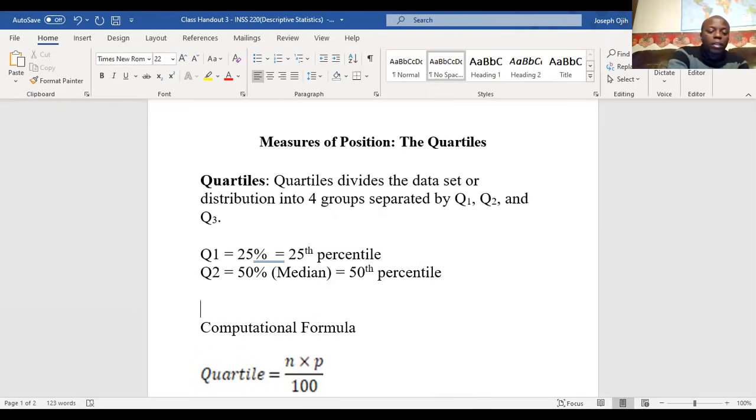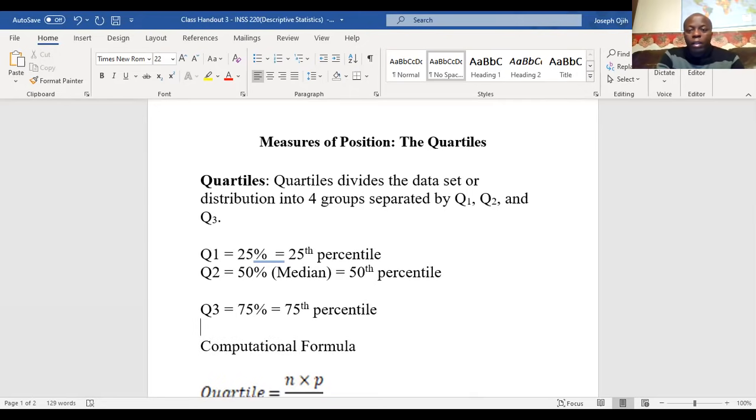Then the third quartile, Q3, is the 75%, which is the same as the 75th percentile. So now, like I said, the quartile divides this into 4 groups, but the ones we're interested in are Q1, Q2, and Q3.